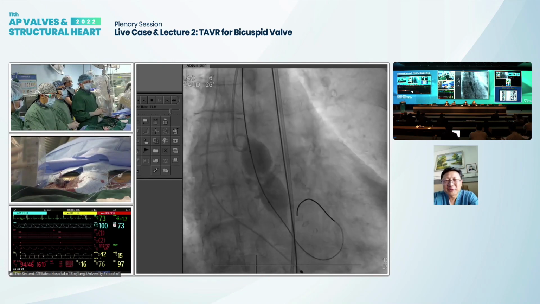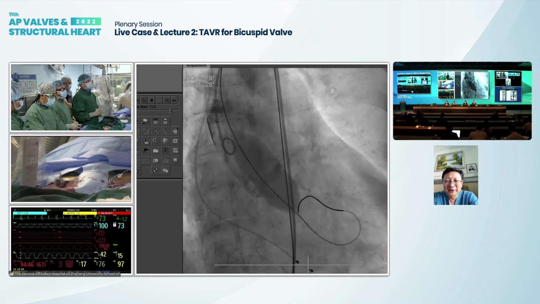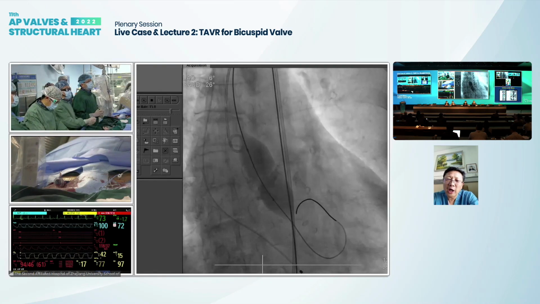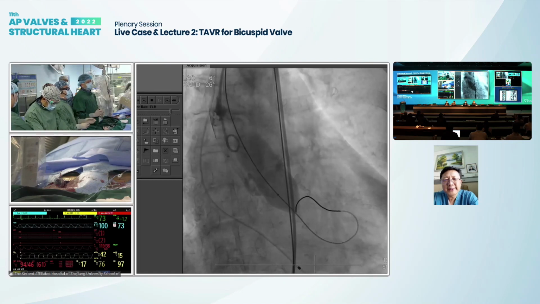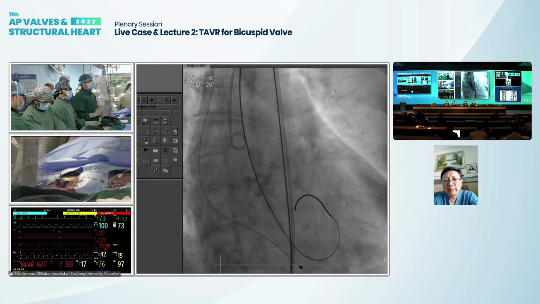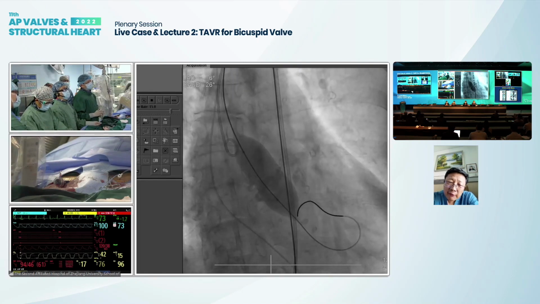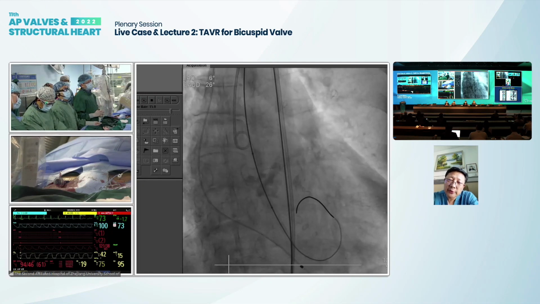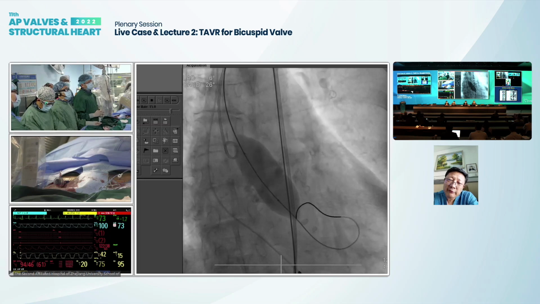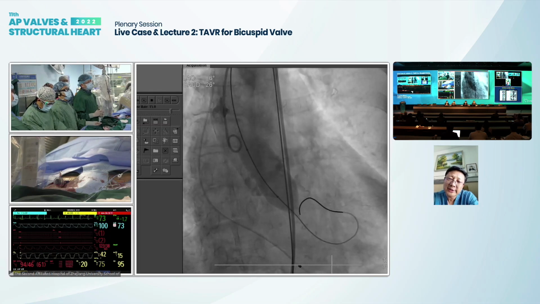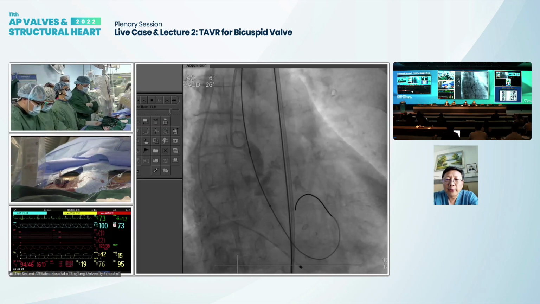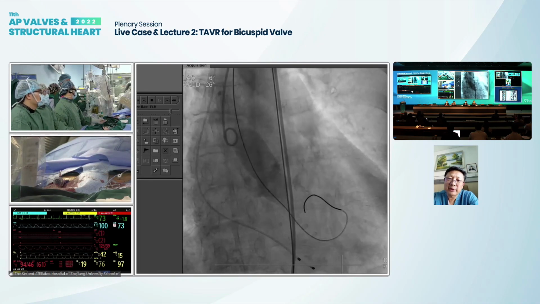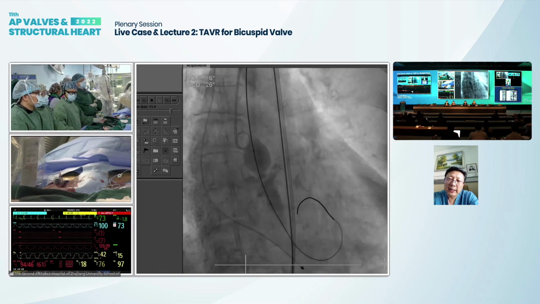I think you have the most experience with the Venus A Plus. According to the Hangzhou solution, maybe 26 is enough. From the balloon sizing, because there is no regurgitation and also a very small waist, I think 26 is maybe okay. If you downsize to 26, maybe a high position.